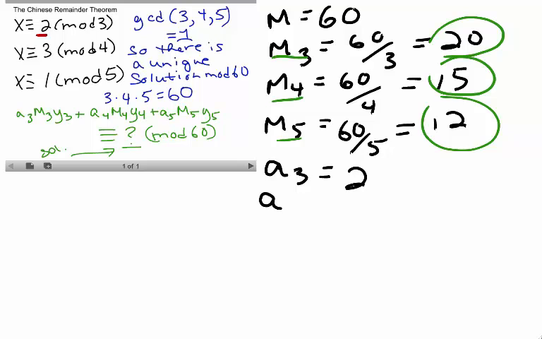A sub 4 is equal to 3, and A sub 5 is equal to 1. Now finding our y's presents a bit more of a challenge, so we'll work that out on the next screen and then come back to this one.